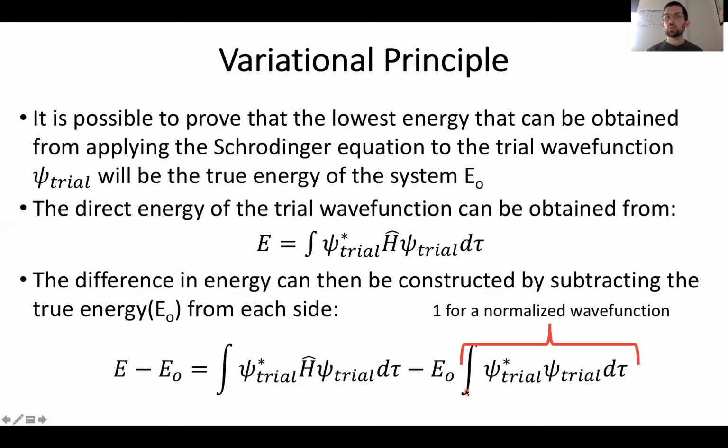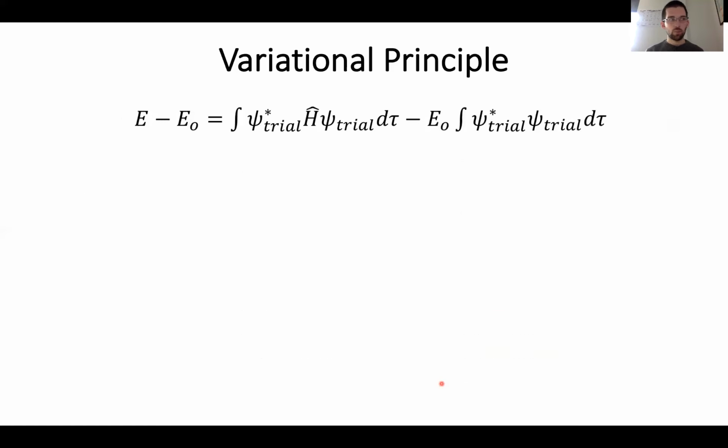And I do this by using the normalized trial wave function, because if I'm going to be building up an MO, I want it to be normalized. So if I take the probability of this trial wave function existing anywhere in space, this gives me a value of 1. So this is, again, the same thing as subtracting the true energy from both sides, just a little bit more cumbersome. So using this basic form, I'm going to be looking at the difference in energies on the left. Most of what I'm going to be doing is trying to simplify this right side.